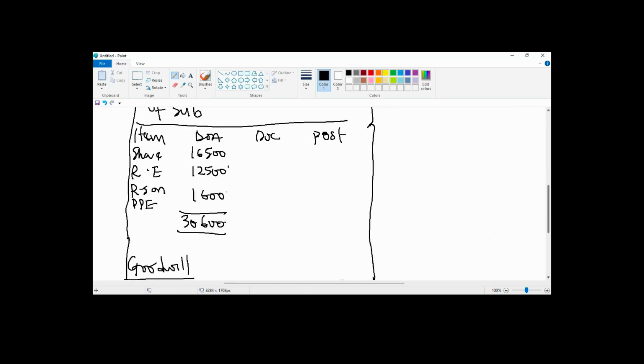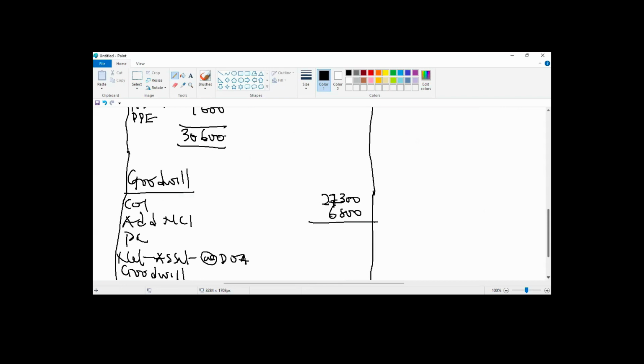Goodwill: cost of investments, 27,200 plus 6,800 is 34,100, minus 3,600, minus 3,600.